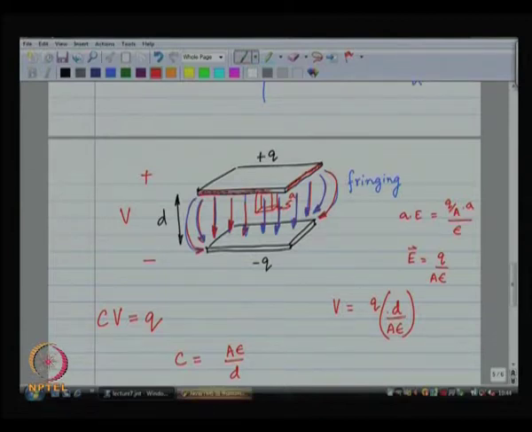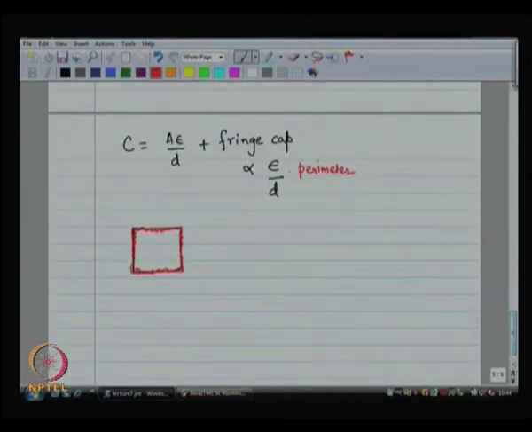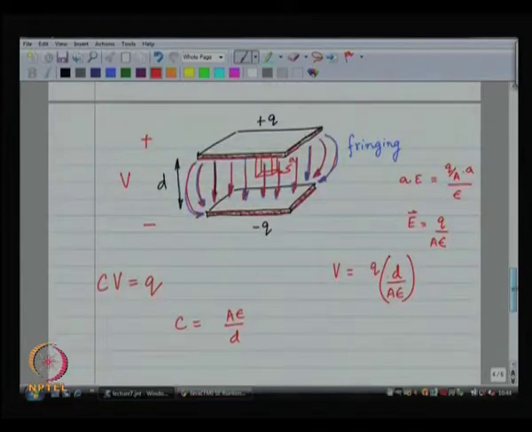So, charge will not only reside on the lower wall, the roof, right, the ceiling. Charge will mostly reside on the ceiling, it will also reside on these side walls, right. So, it is also going to be proportional to the thickness.